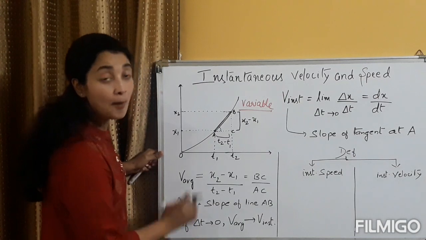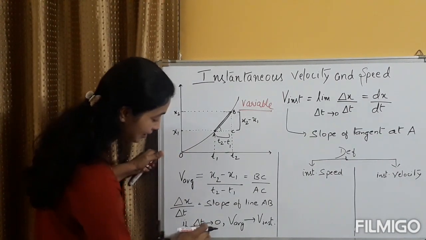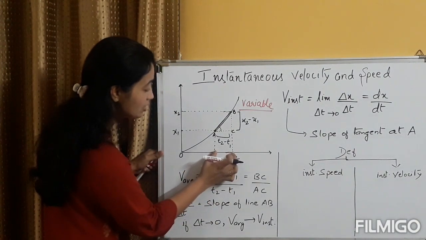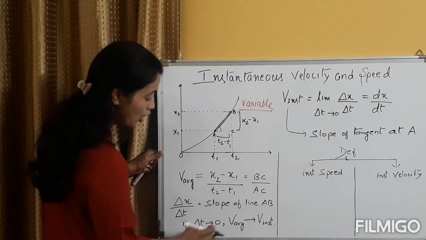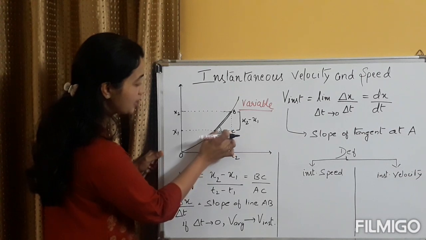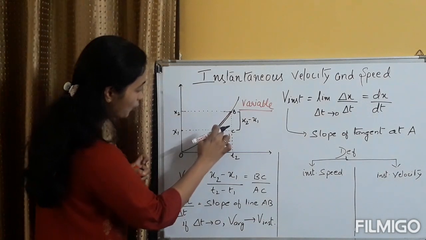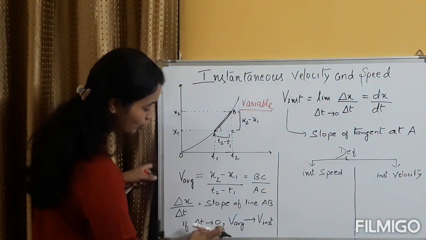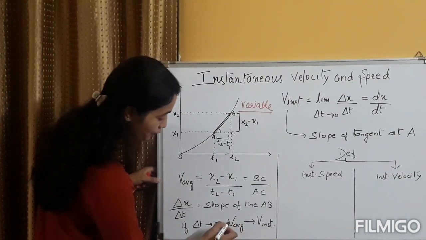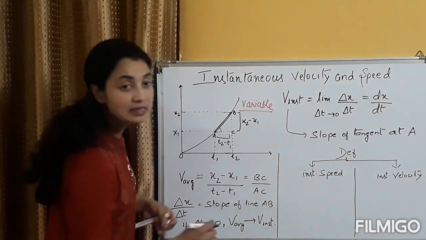But what happens if this time interval delta t approaches 0? It means this time interval is compressed and becomes close to 0. These 2 points come closer and closer, B comes close to A. B is approaching A and delta t approaches 0, then automatically V average, where AVG is the subscript, approaches V instantaneous.